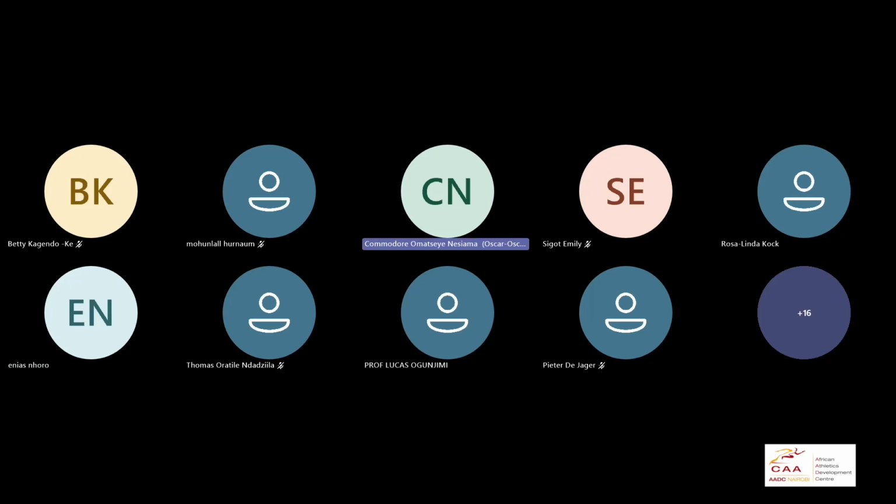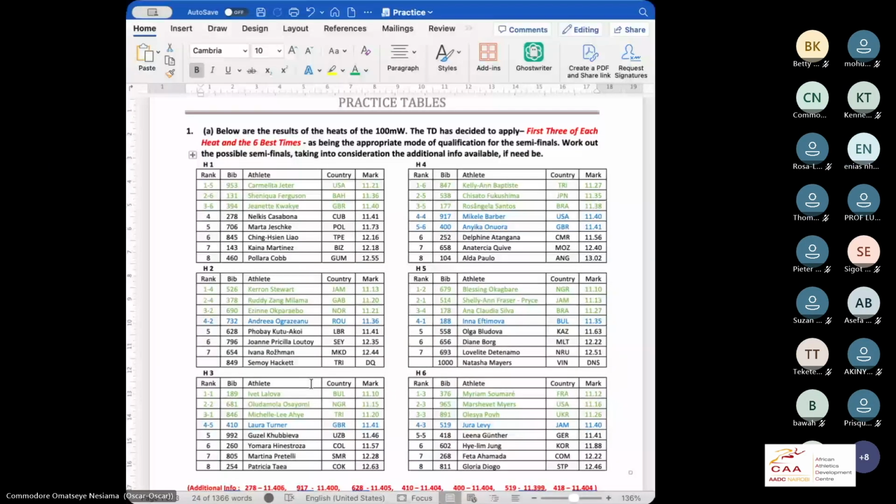I think this one will occupy us till we leave this place because there'll be a lot of talking points. Okay, can we see the screen? Yes, we can see. Okay, this is a working document, so you forgive some of the things.